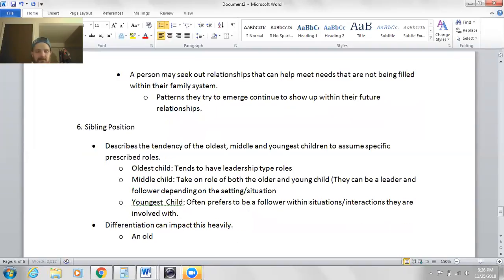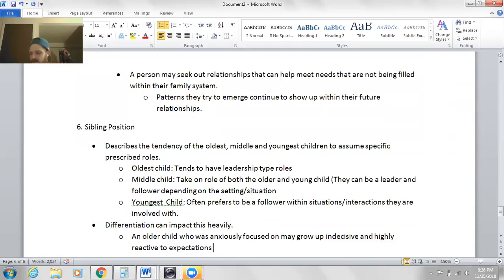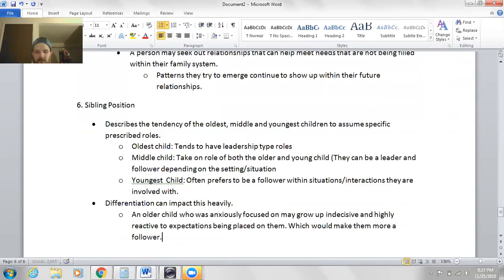So an older child who was anxiously focused on may grow up indecisive and highly reactive to expectations being placed on them, which would make them more of a follower.